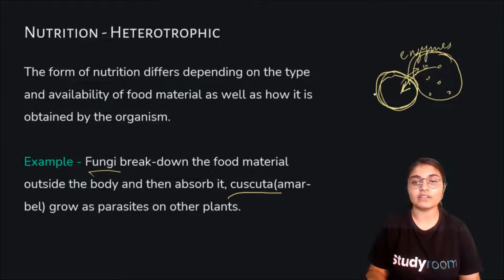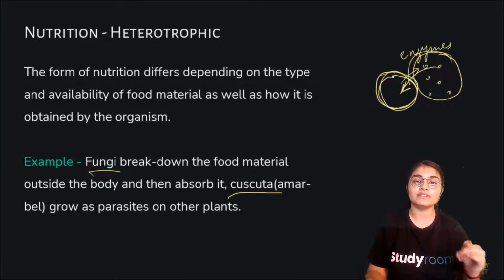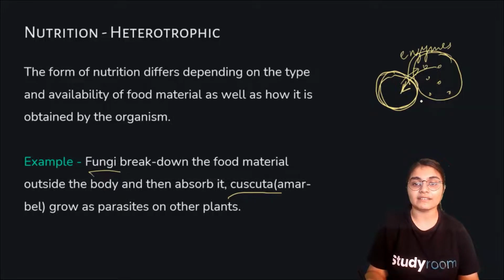The digestion or breaking down of the material doesn't take place inside the body. As in humans, we eat complex food, and that complex food is broken down into simpler materials inside our body only. But in organisms like fungi such as cuscuta, commonly known as amarvale, they release enzymes outside their body and digest the food and then absorb it, right?